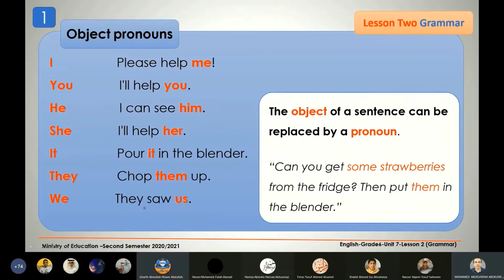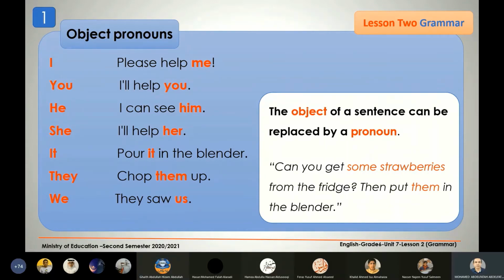For example, imagine that you and your brother or your sister are walking in the shopping mall, and another group of your friends saw both of you. So you say, they saw us. They saw us. So students, yeah, bravo.